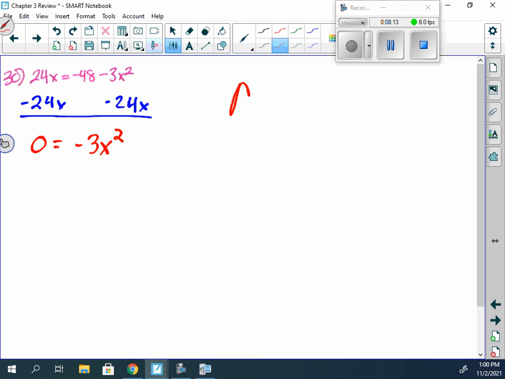Because we're basing it off ax squared plus bx plus c, might as well get it in that same format. So we move the negative 3x squared up front, and then we'd have minus 24x minus 48. So why isn't the 24 first?